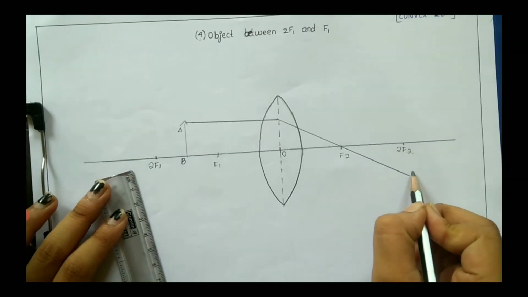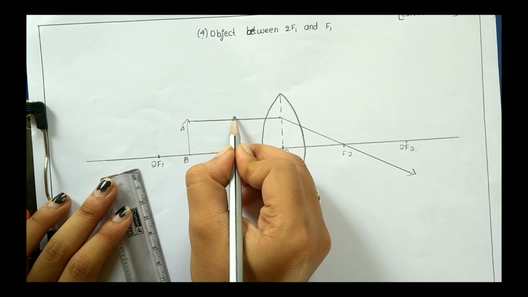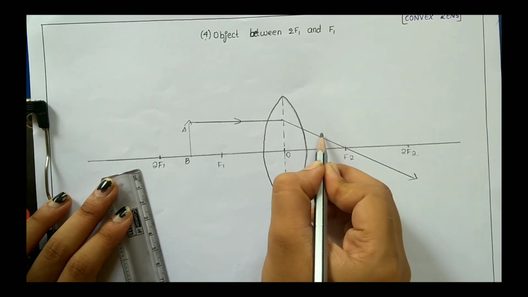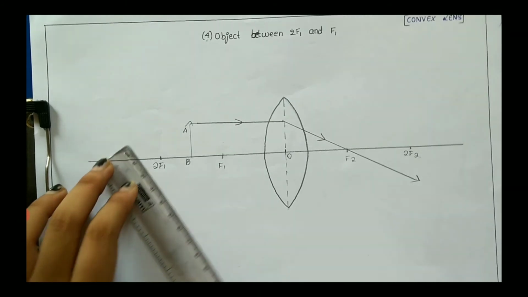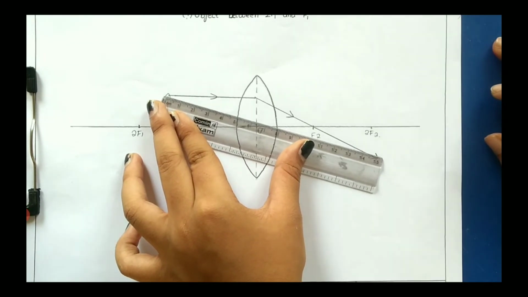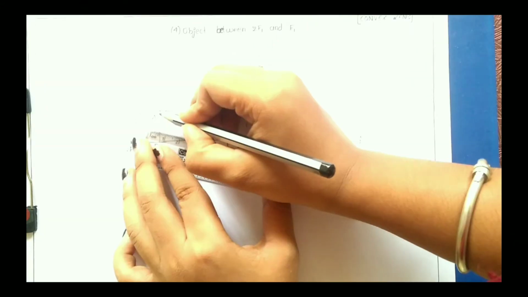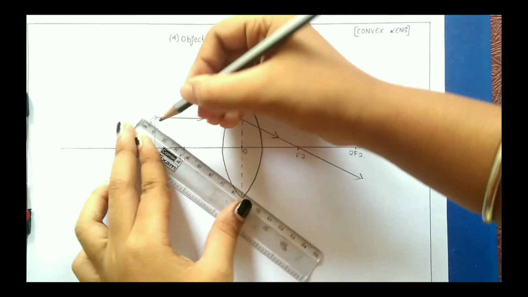And second ray, you take that ray which passes through the optic center. You know that the ray which is parallel to the principal axis after refraction passes through the principal focus.